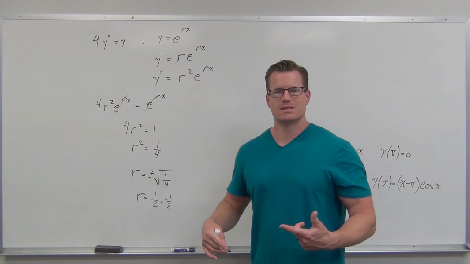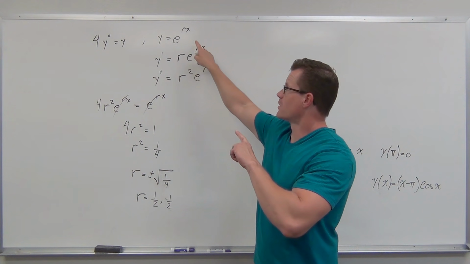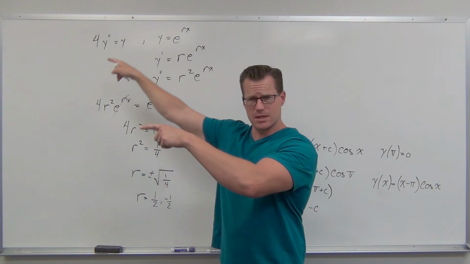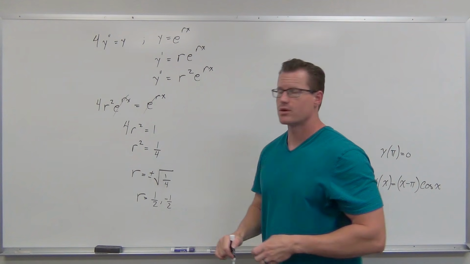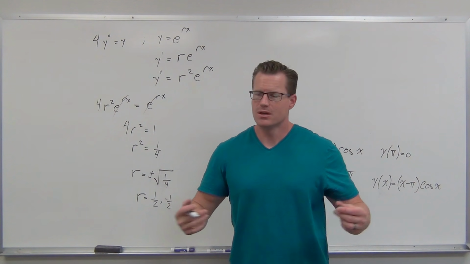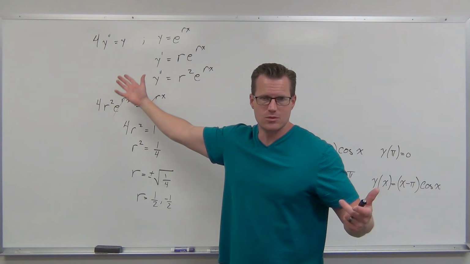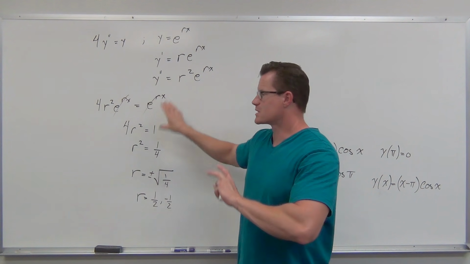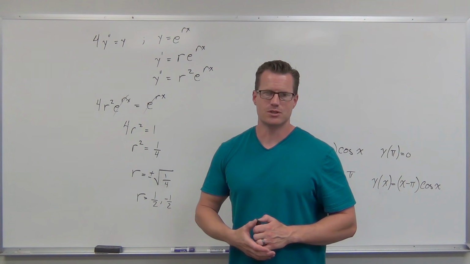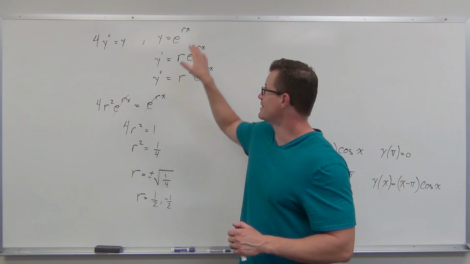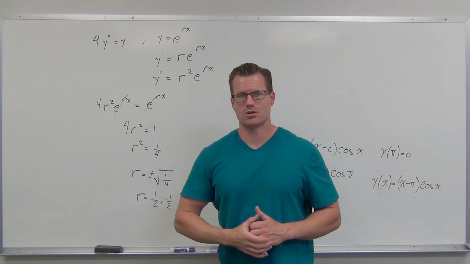What we've just determined is that the only values of r which give us solutions to that differential equation are when r is 1/2 or -1/2. So hopefully you see what I mean by just follow the differential equation, find the derivatives, plug it in. Eventually the stuff is going to disappear, you'll be able to solve for r. And these are the values that make that a solution of that differential equation.